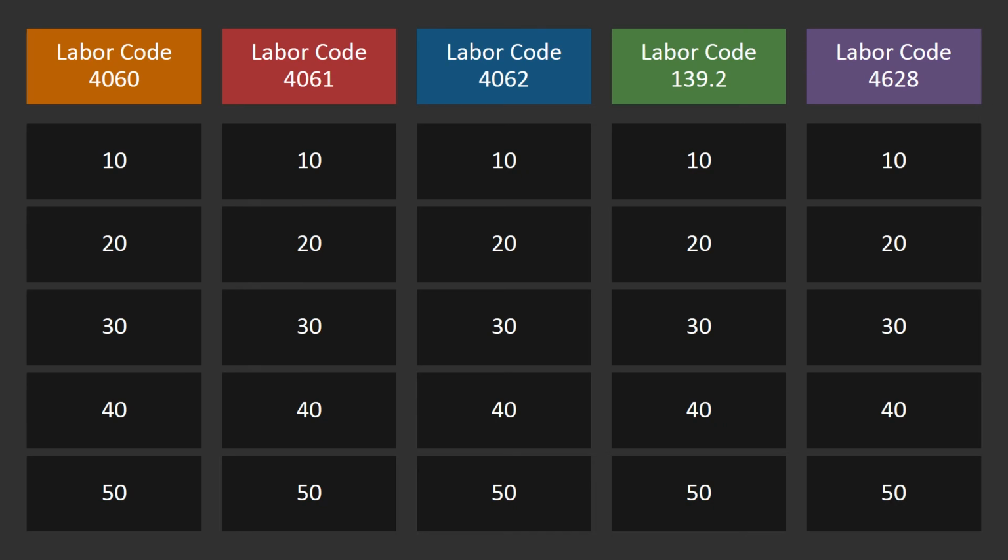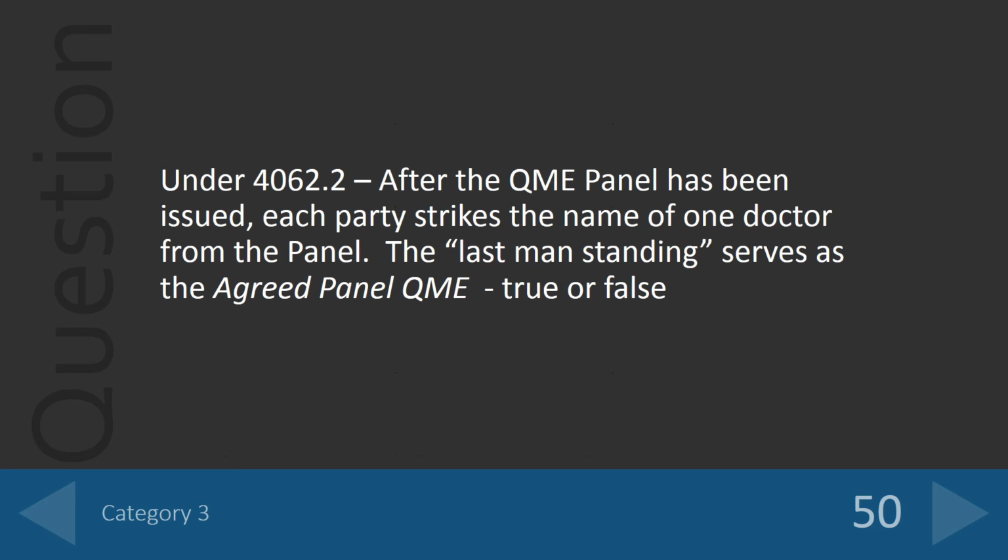Okay? And then finally, Labor Code 4062 for 50 points. True or false? After the QME panel has been issued, each party strikes the name of one doctor from the panel. So this is dealing with a represented injured worker.